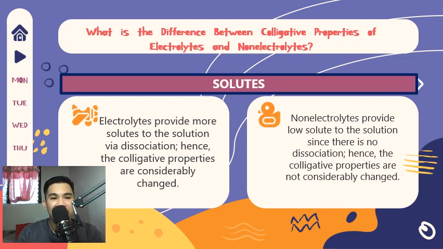We have the anion and the cation, of course. Hence, the colligative properties are considerably changed. But non-electrolytes provide low solute to the solution since there is no dissociation. Hence, the colligative properties are not considerably changed. So, konti lang. Although there is still a change, but very minimal.